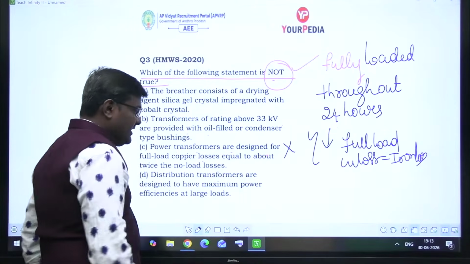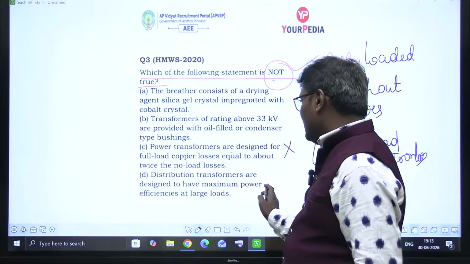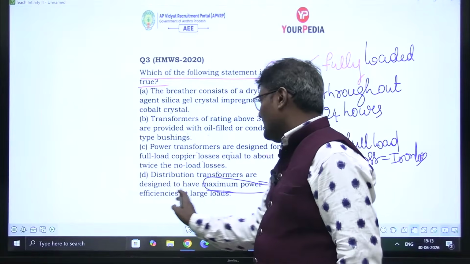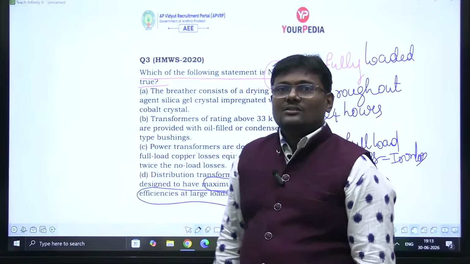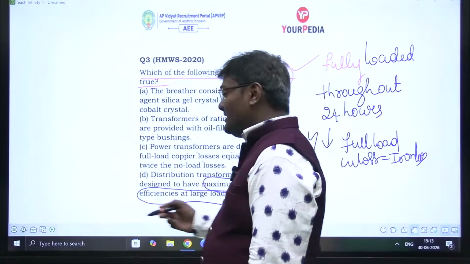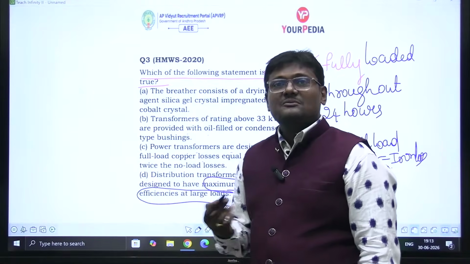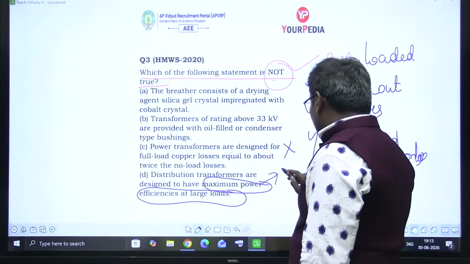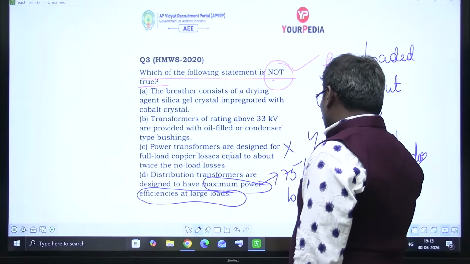Now check the D. For distribution transformers, they are designed to have maximum power efficiency at large loads. No, the distribution transformers are designed so that maximum efficiency will take place at 75% of the load.